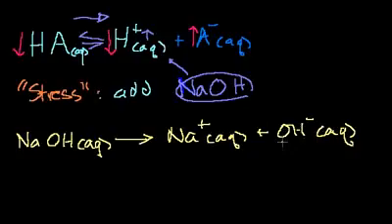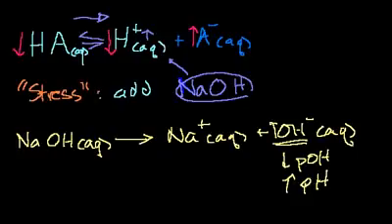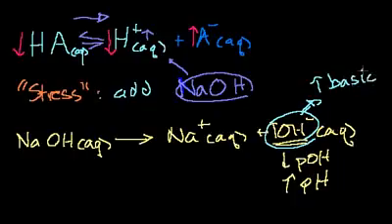Remember, when you increase the amount of OH, you would decrease the pOH, right? And that's just because it's the negative log. So if you increase OH, you're decreasing pOH, and you're increasing pH. And just to think, OH is making it more basic, and a high pH is also very basic.